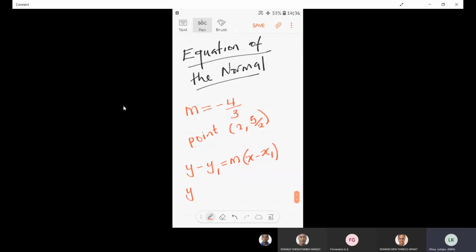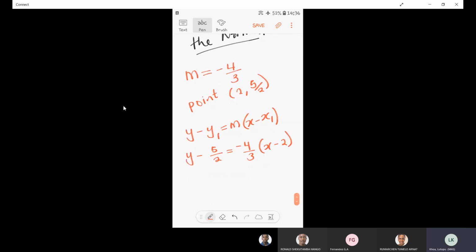So this is y minus 5 over 2, m is negative 4 over 3, and then x minus 2. And you can work this out. This is minus 4 over 3 x, that is 8 over 3. Let's see.